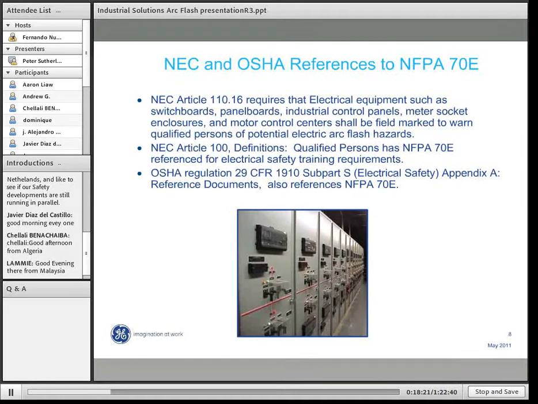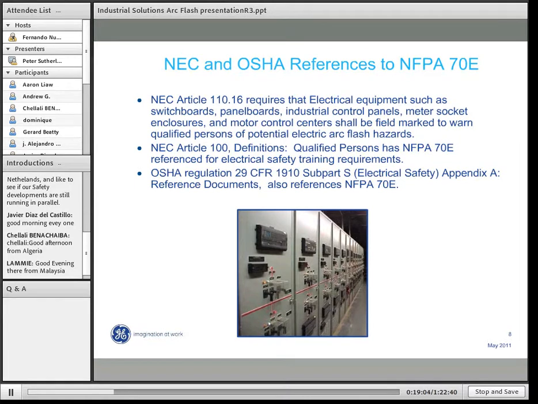Now, NFPA 70E is the standard for electrical safety in the workplace. This has been basically adopted by OSHA, the Occupational Safety and Health Administration in the United States, and is also recognized in the National Electrical Code, which is the guide to performing electrical installations in the United States.